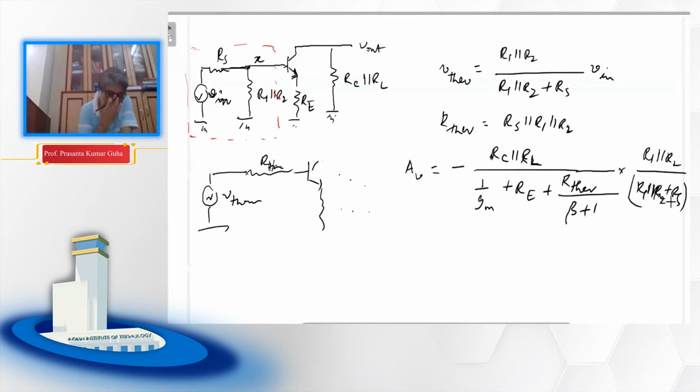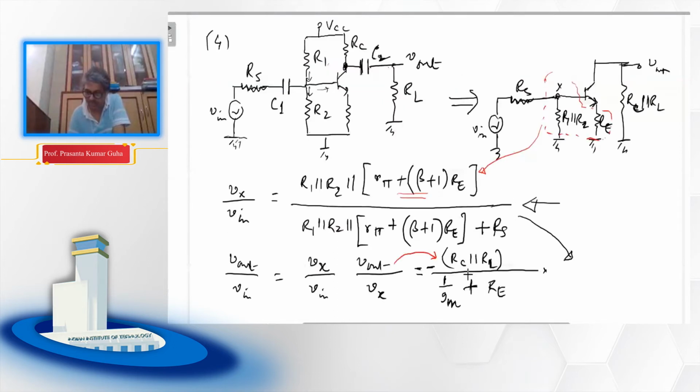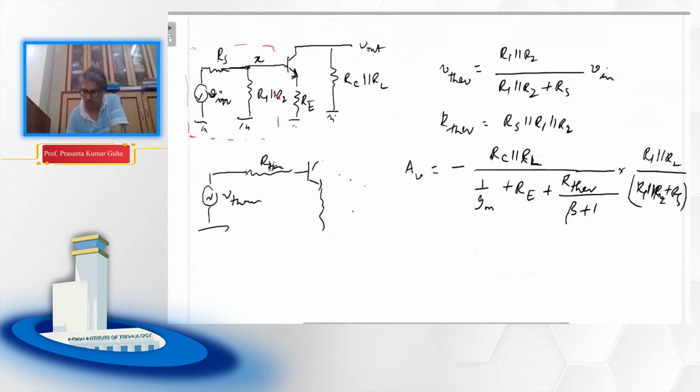You can try this back home: this equation and the equation in the previous slide are effectively the same thing. If you simplify, you will see they are identical.